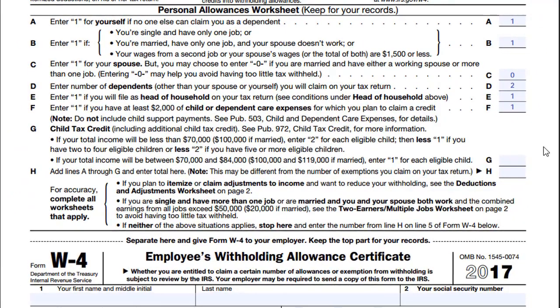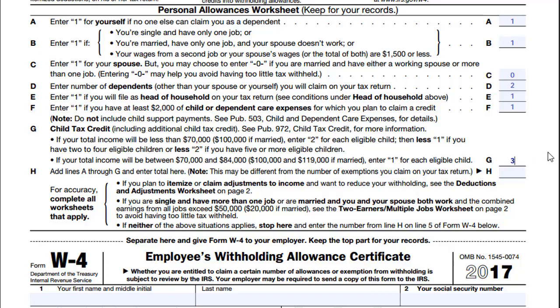Susan is single and earns $65,000. She has 2 children, so she gets 2 for each child. 2 times 2 is 4. Because Susan has 2 eligible children, she has to subtract 1 from 4, which leaves her with 3. Susan enters 3 on line G.